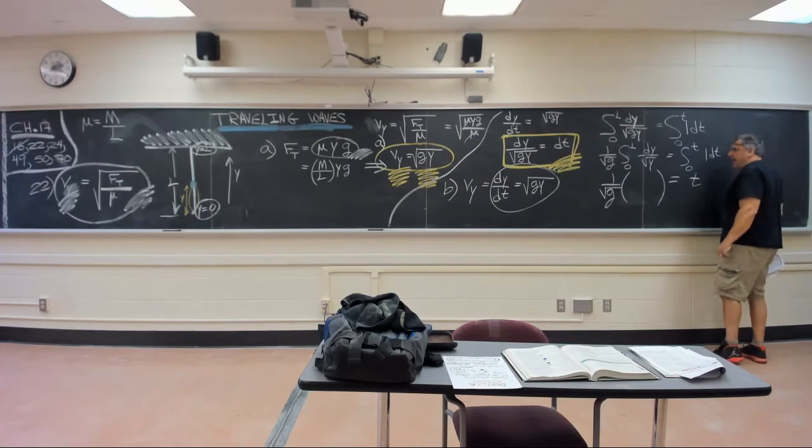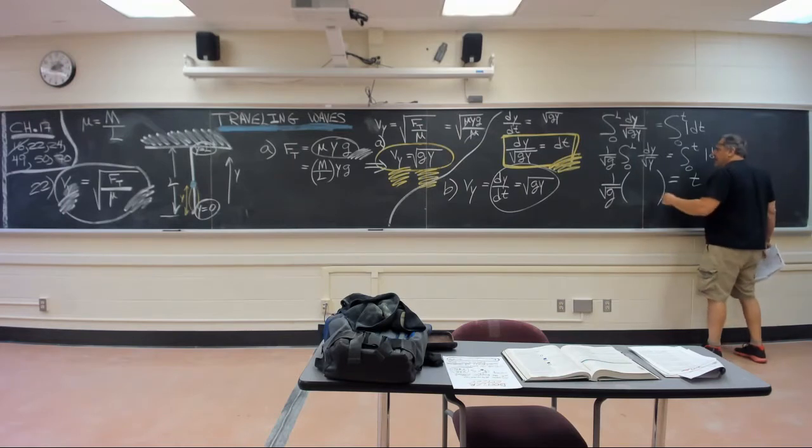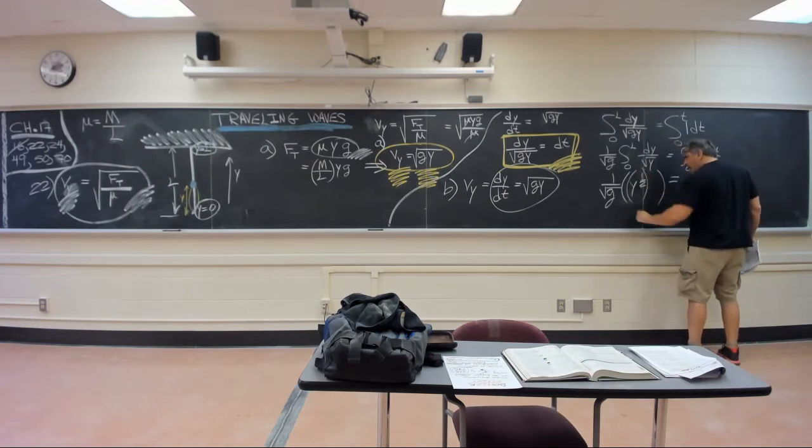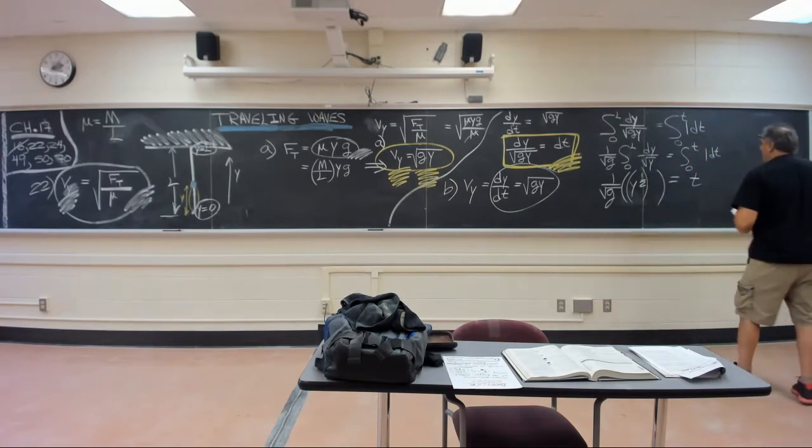That's y to the negative a half dy. Add 1 to the negative a half, and you get y to the half times 1 over that. So let me just see exactly how you actually do this.